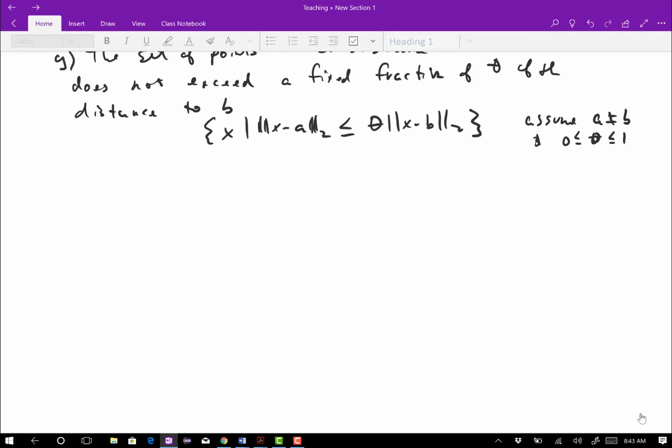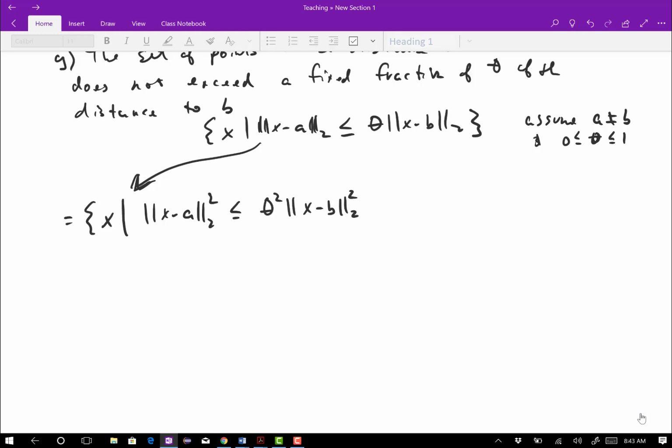So this set X is equal to the set of x's such that the 2 norm of x minus a, squared, is less than or equal to theta squared times the 2 norm of x minus b, squared.